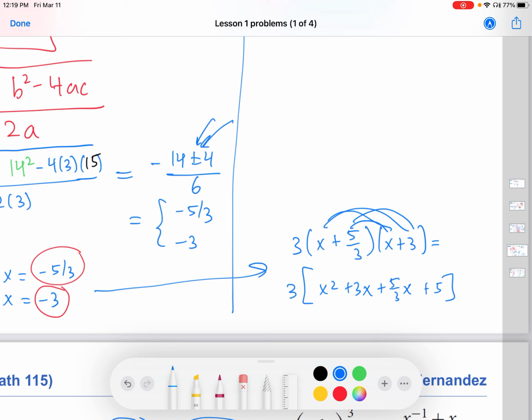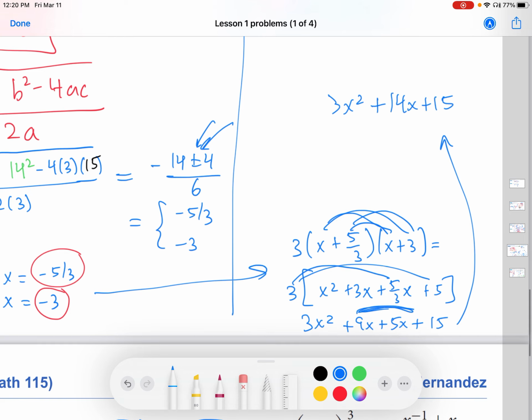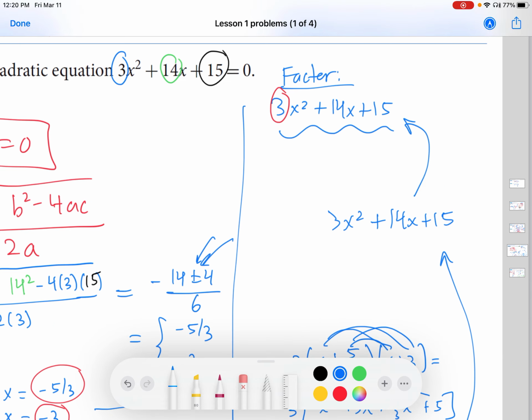And then now let's multiply the 3 in. 3x squared plus 9x plus 3 times 5/3, the 3's cancel, so 5x plus 3 times 5, 15. So if I simplify here, what do I get? I get 3x squared plus 9 plus 5, 14x plus 15. There we go. That is the original quadratic expression I started off with.